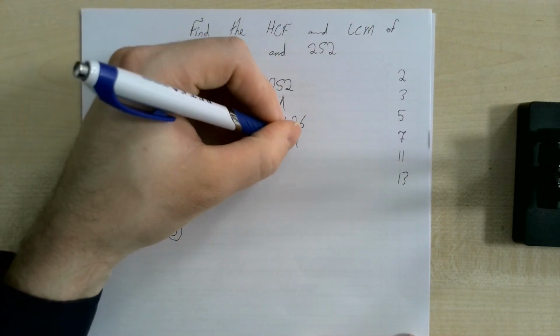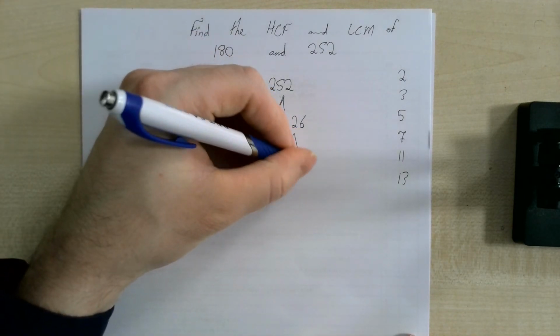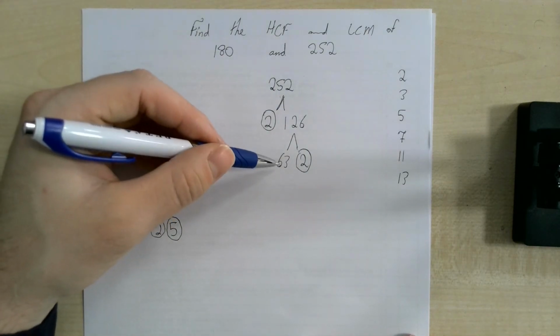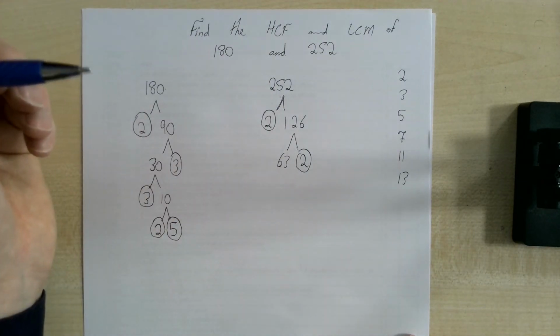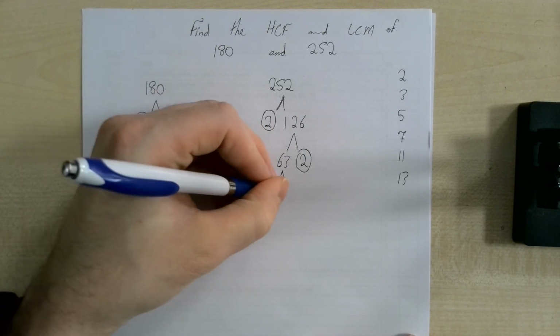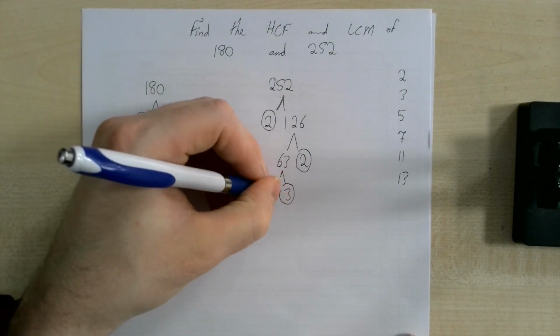For 126, we've got 63 and 2, circle the prime. For 63, I can't divide it by 2 evenly, so I'll try 3. 3 times 21 is 63. Circle the prime.